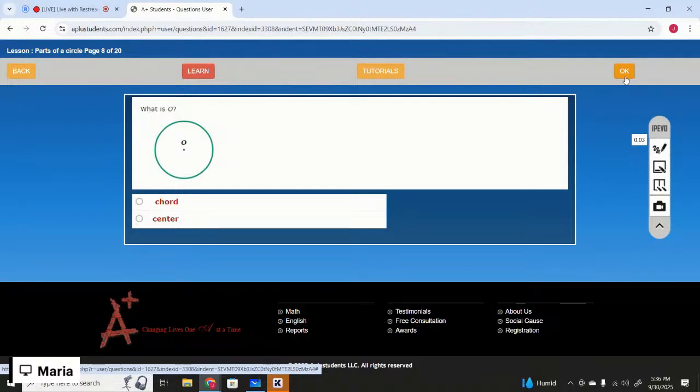What is O? O is the center of the circle.